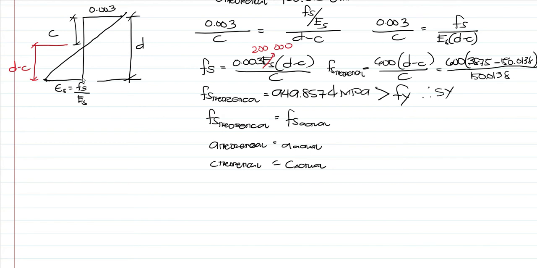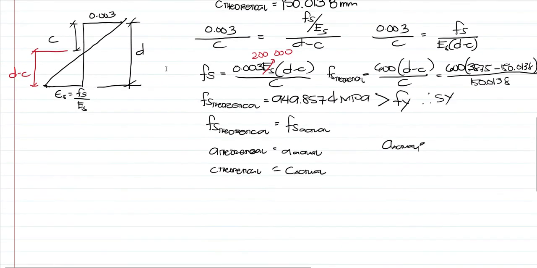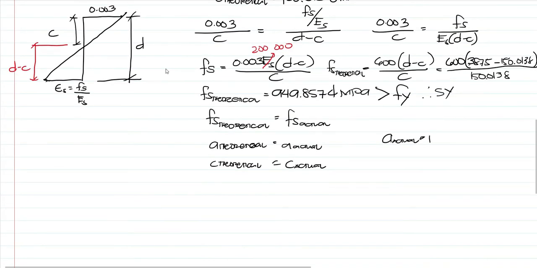So yung mga hinahanap natin na depth of compression block is A actual, which is a value 127.5117 in mm.